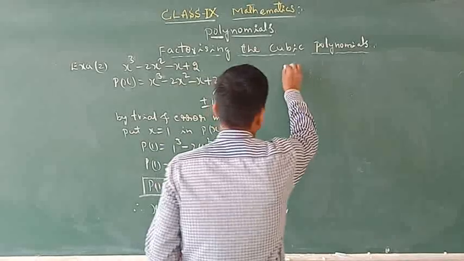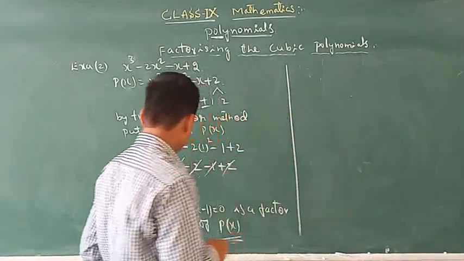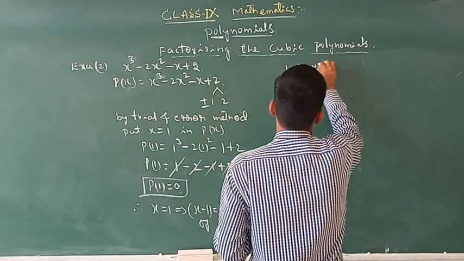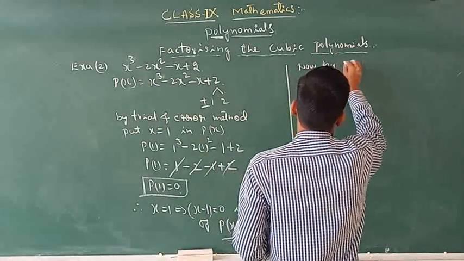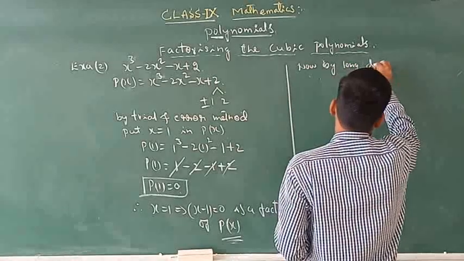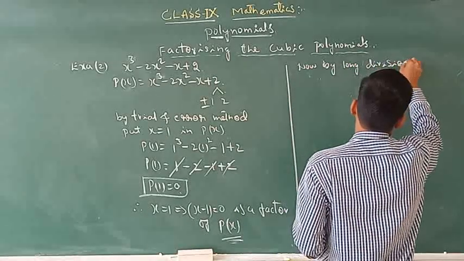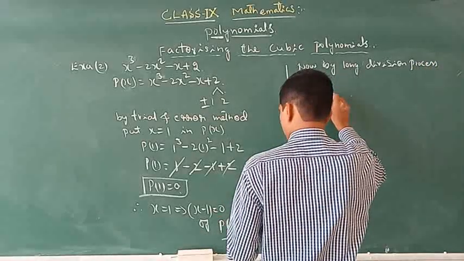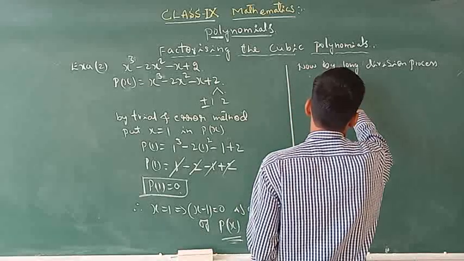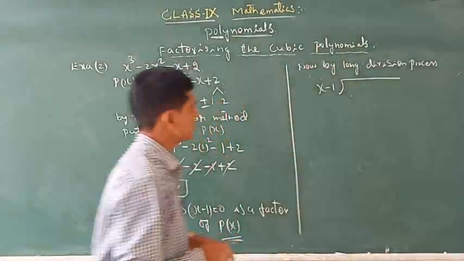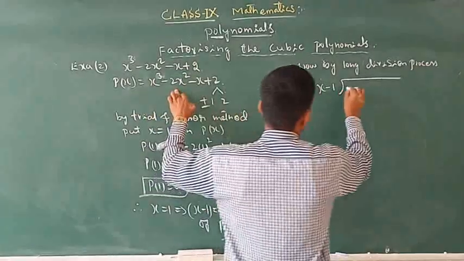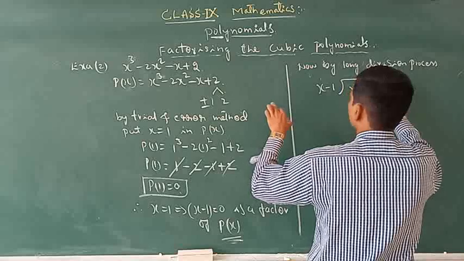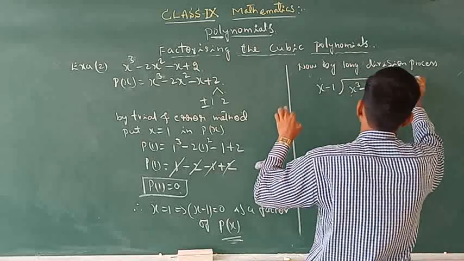So now consider the other factors. By the long division process, consider x minus 1 dividing the polynomial x cube minus 2x square minus x plus 2.